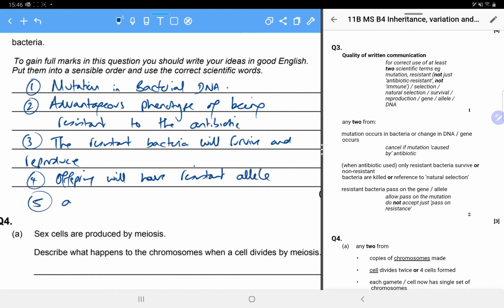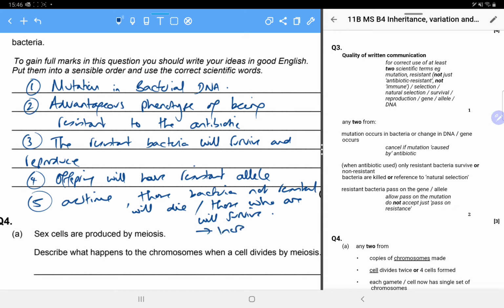And 5, over time, those bacteria not resistant will die. Those who are will survive.